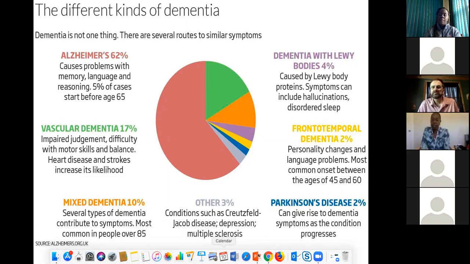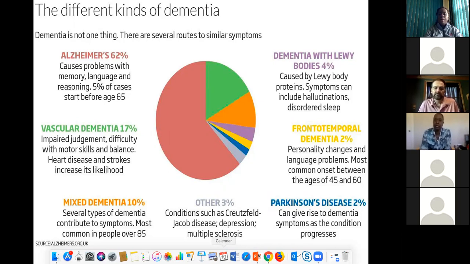Vascular dementia is about 17%. It's impaired judgment, difficulty with motor skills and balance, and heart disease and strokes increase its likelihood. Mixed dementia, 10%. Several types of dementia contribute to symptoms, most common in people over the age of 85.